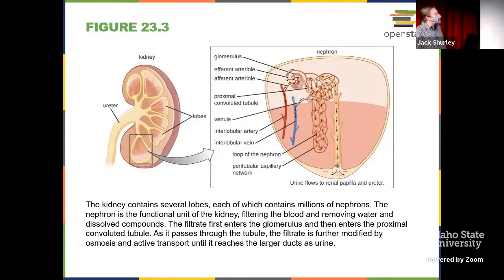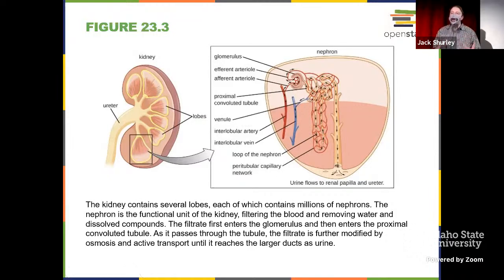So the kidney has several lobes. I said I didn't want you to get bogged down, but I'm going to point a little of this out. Each of these is a specific lobe, and then a blow up of that lobe. As we look at it, there is a tremendous amount of stuff going on inside of each of these lobes. So we see filtration.